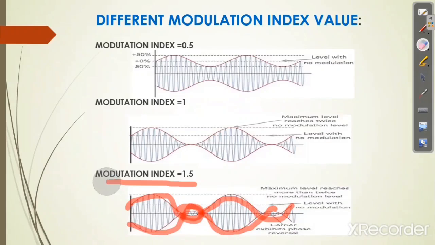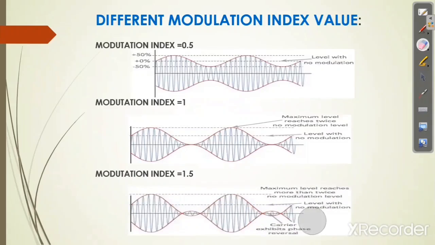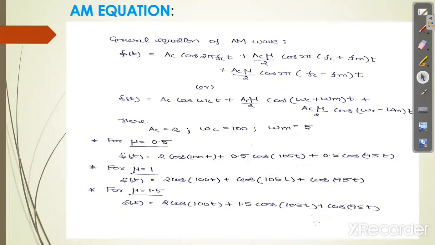In the next slide, we are going to see the equation which we are going to generate on the GeoGebra platform. These are the overall AM equations which we derived in the previous slide. In this equation, I substituted Ac equal to 2, omega c equal to 100, and omega m equal to 5.